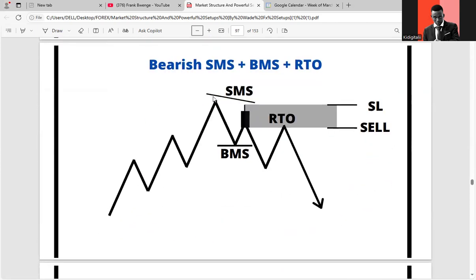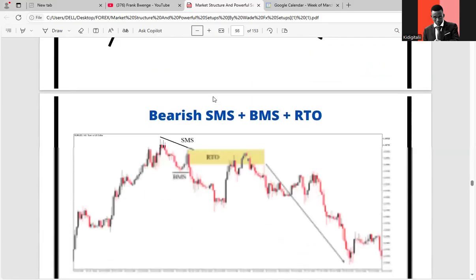Look here, the market was moving upward, then you could see a shift of market structure. If you're creating lower lows and lower highs, and then we have higher highs, that is a sign of reversal, shift of market structure. We have to wait for the BMS level to be broken. Then we can wait for the price to return back.